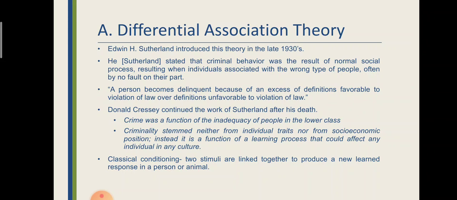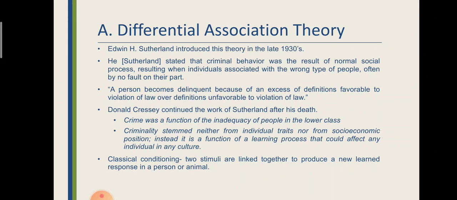So he stated that criminal behavior was the result of normal social process, resulting when individuals associated with the wrong type of people, often by no fault on their part. So, right? A person becomes delinquent because of an excess of definitions favorable to the violation of law over definitions unfavorable to violation of law.